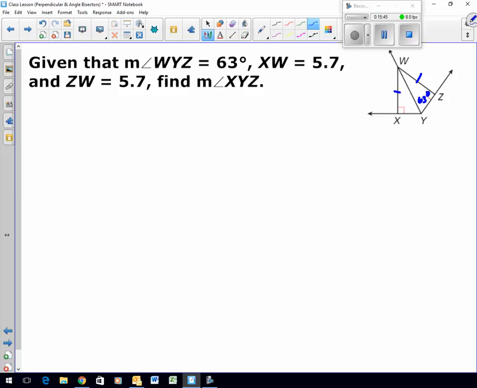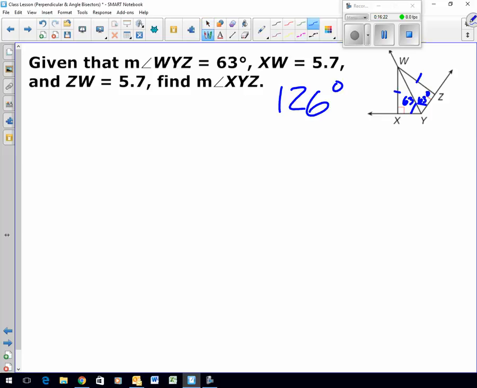Here's a hint. This measurement is 63, this measurement is also 63. Calculate that up for me. Tell me what the whole thing would be. Do you have a calculator? All right. Add it up and tell me what you get. Perfect, Jordan. 126.